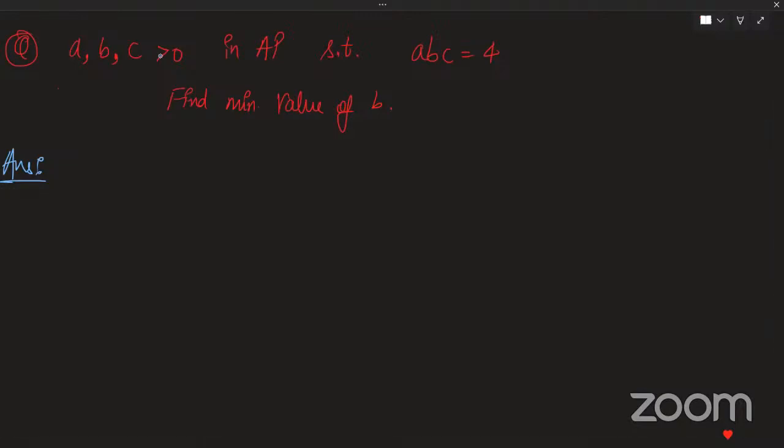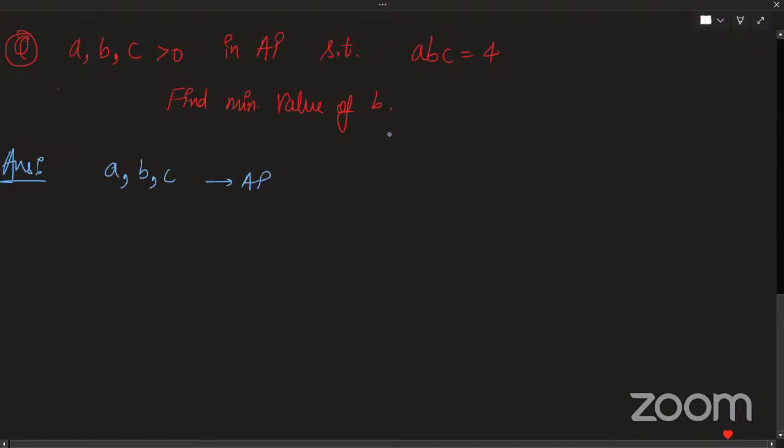So think how we can do this, and think one thing clearly. If they are in AP and it is only asking me the value of B, does it help anyway? If A, B, C are in AP, what can I infer from this?